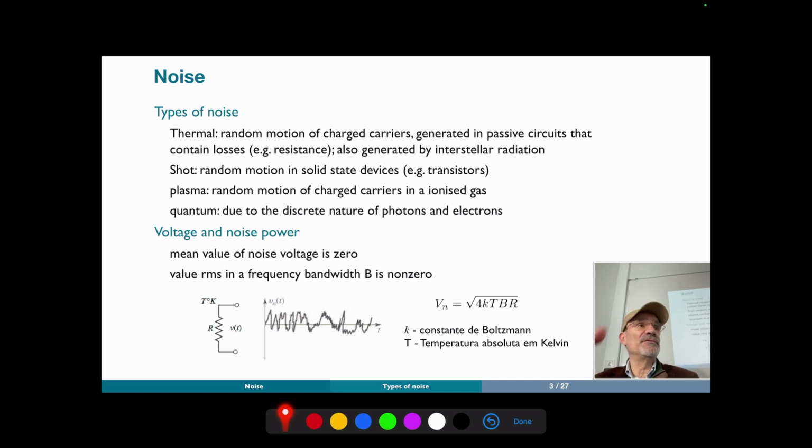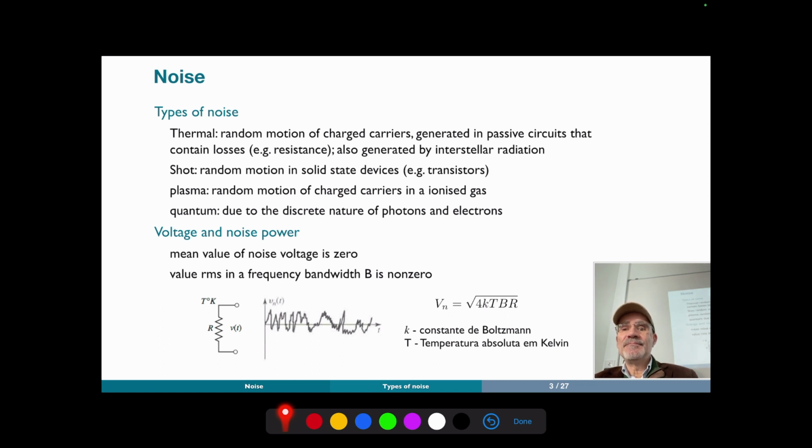We have conversion of electrons to photons to electrons, and this conversion is discrete because we have discrete particles that are being converted, and this quantum noise follows a different probability distribution. The most common one associated with thermal noise, as we're going to see, is the Gaussian probability distribution, but quantum noise follows a Poisson distribution. Okay.